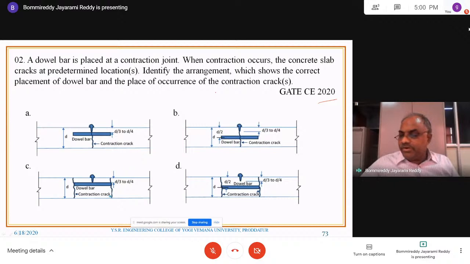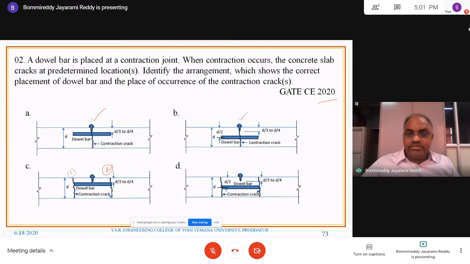So how the cracks will develop, you can look at here. There is a possibility of the crack developing from bottom to top, and you can provide the dowel bar for it in this fashion. And here you can look at, this is one crack, crack 1, this is another crack.